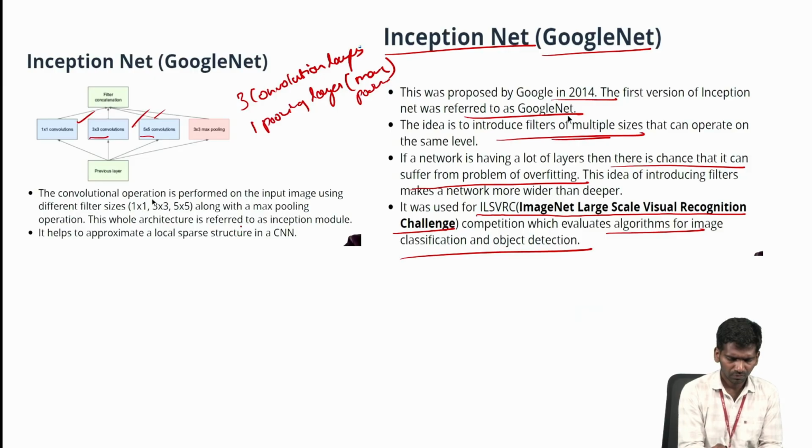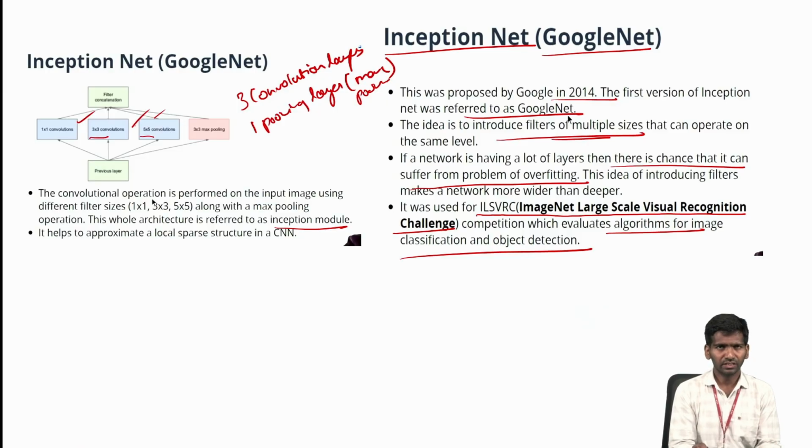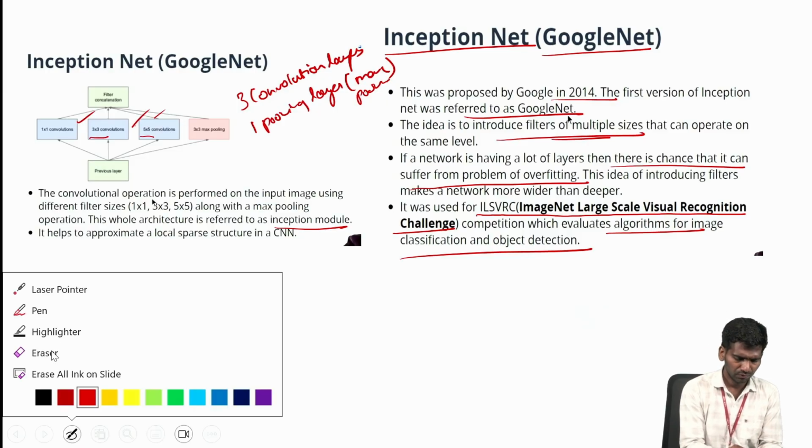The whole architecture is referred to as the Inception module. So this is all about Inception Net. The very first version of Inception Net is Google Net.